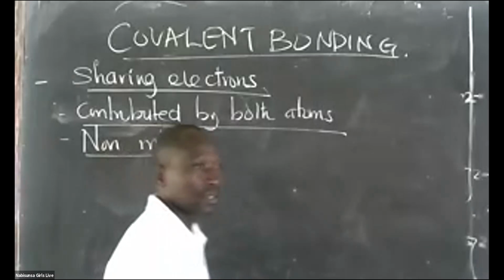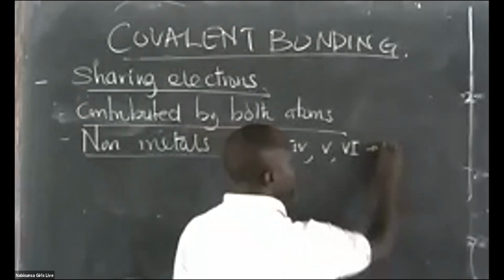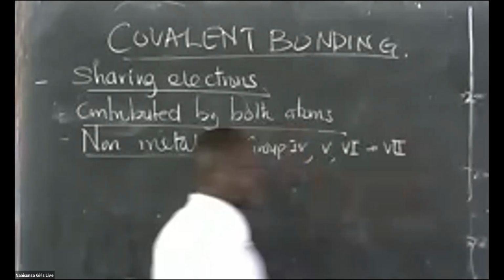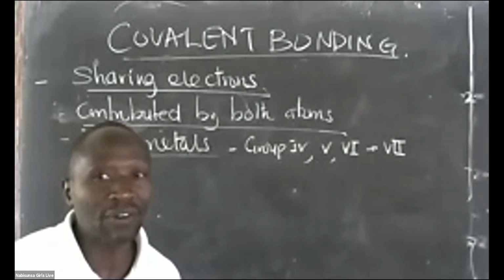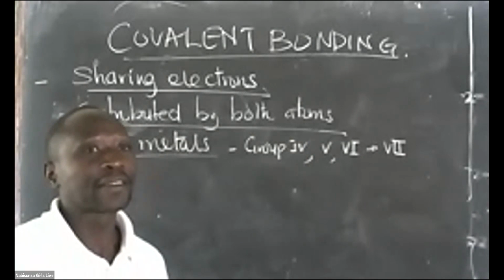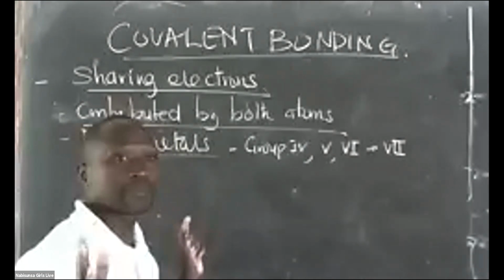There are 4 non-metals. It will take place in groups 4, 5, 6 and 7. Group 8 will not get involved. Why? For them, they are full, inert, they do not react.